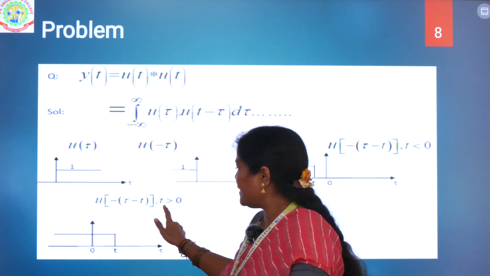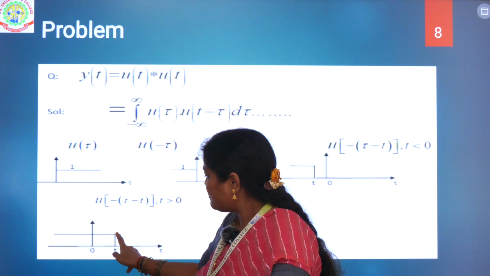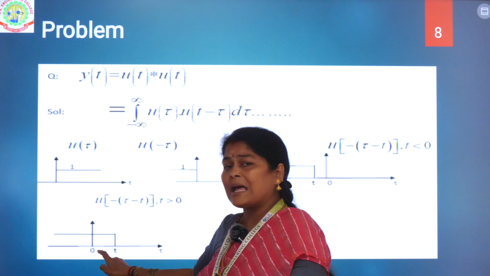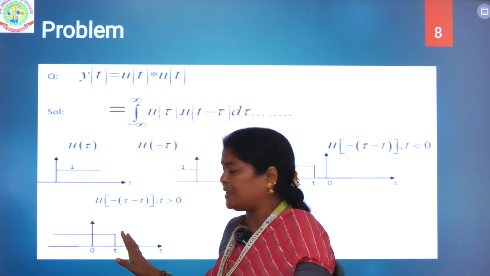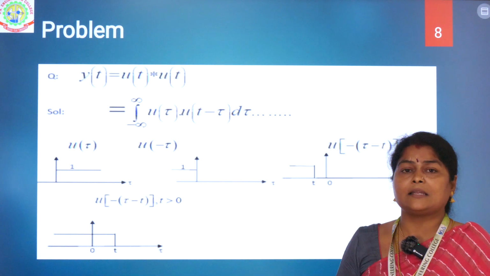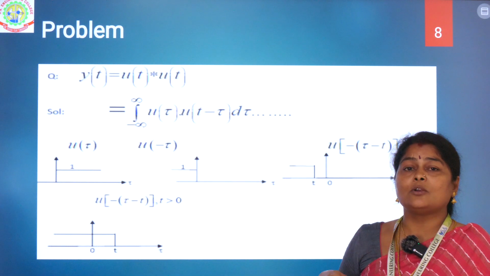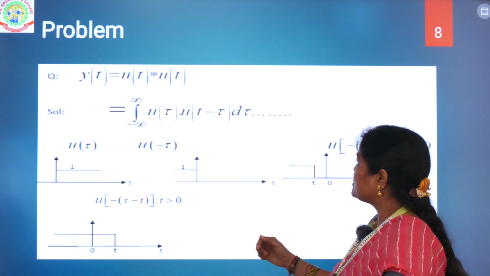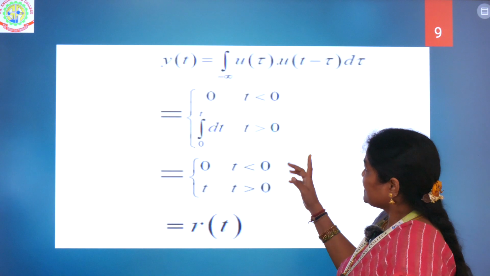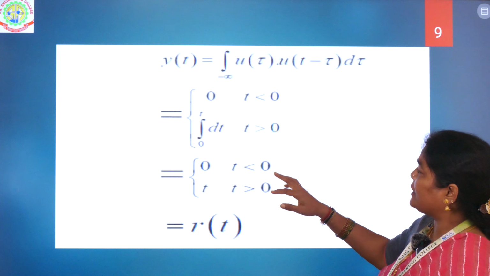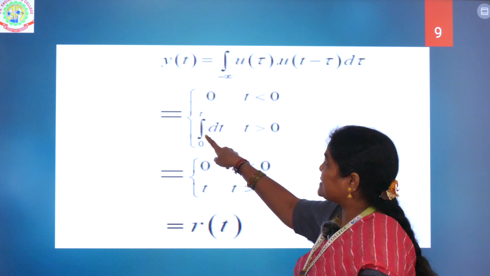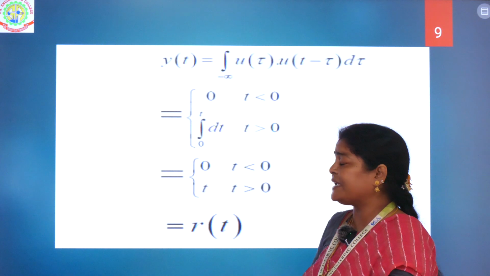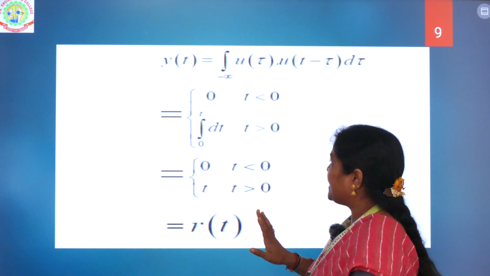Whereas for the condition where t is greater than 0, we have a signal like this. Now you compare both of these. So we have an overlapping signal from 0 to t. Hence the convolution integral has the lower limit as 0 and the upper limit as t. By substituting that, you will have integral 0 to t of dt, because the amplitude is 1, simply we will be getting dt for the condition t greater than 0.